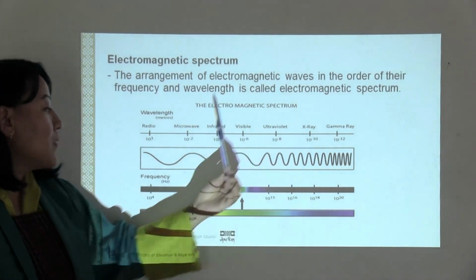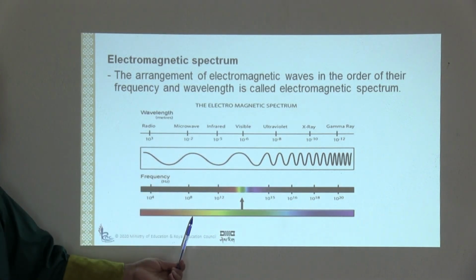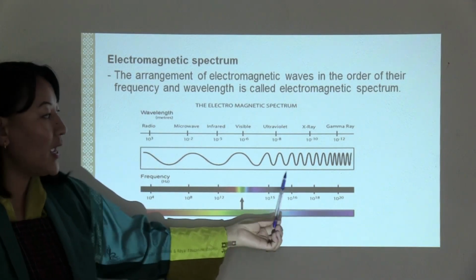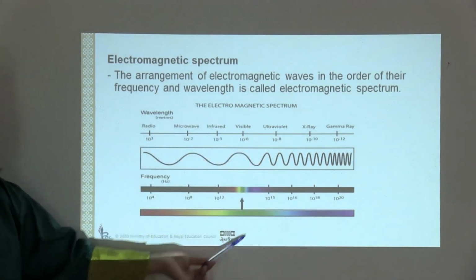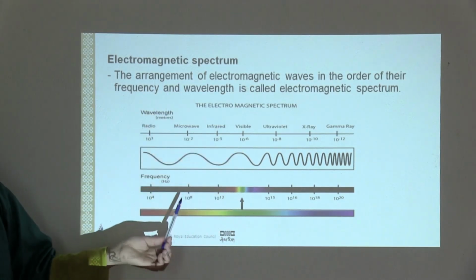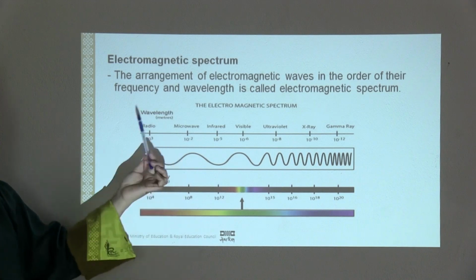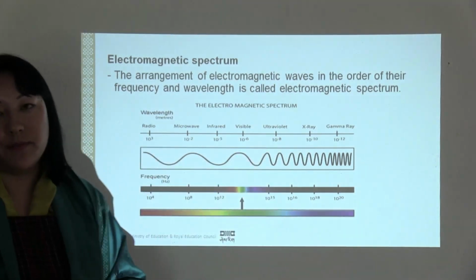At the same time, the frequency of microwave is less than the frequency of X-ray. So likewise, using this electromagnetic spectrum, you can compare the wavelength and frequency of all those waves.